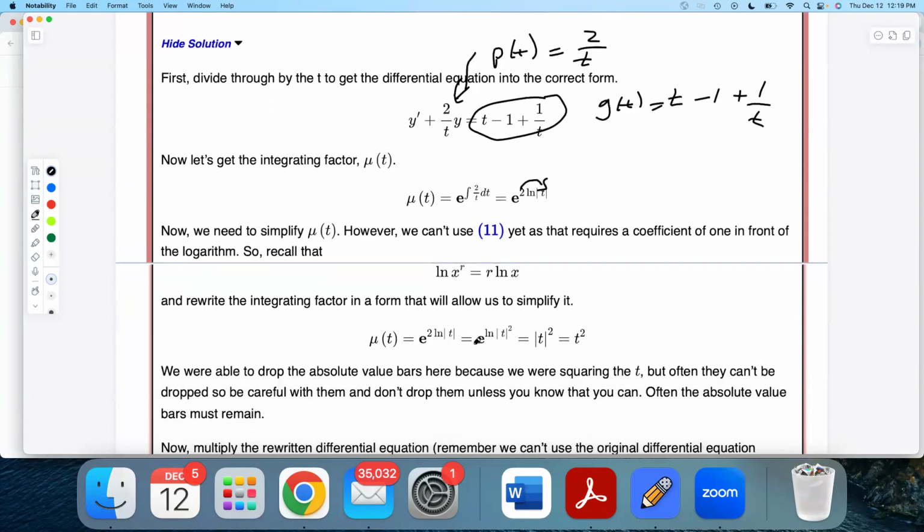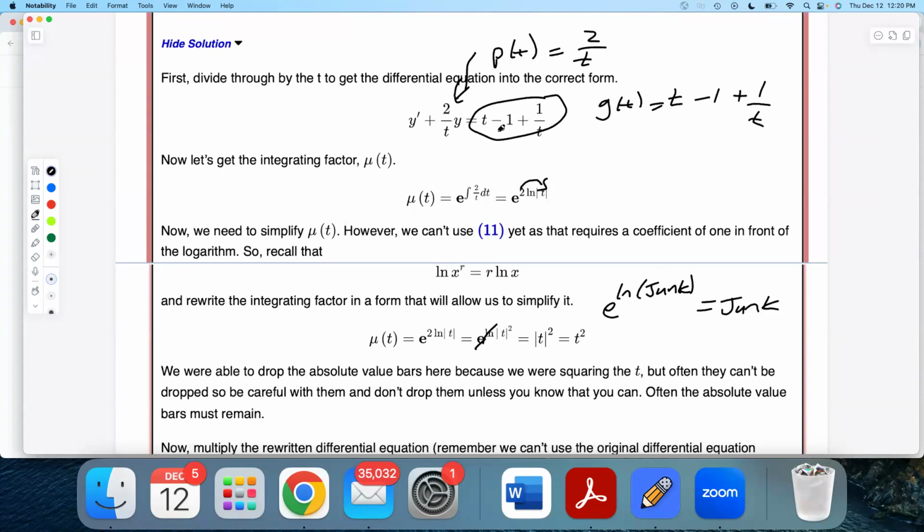When we do that, now e raised to the natural log of junk is just junk. They're inverse functions. They cancel out. That wouldn't work if I had something sitting here. That's why I need to get that 2 inside. So the e and the ln cancel out, leaving just absolute value of t squared, but t squared is always positive, so that's just t squared.